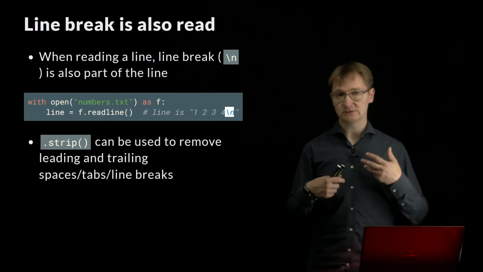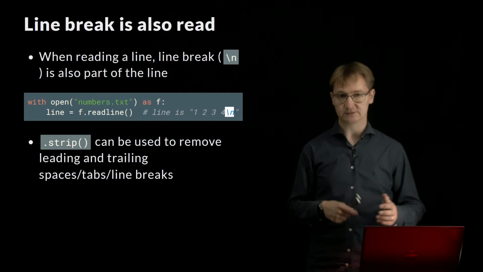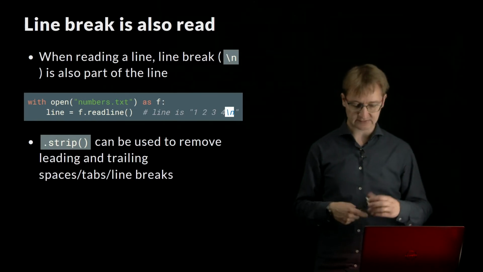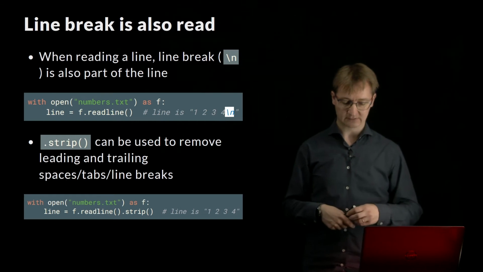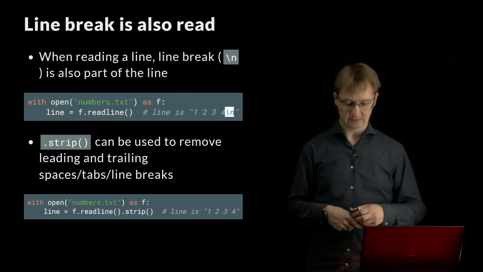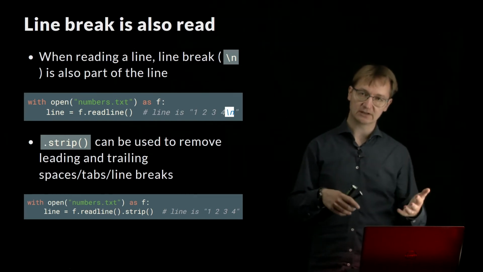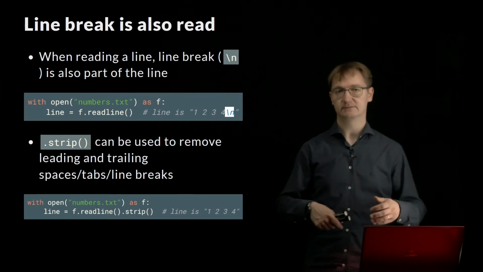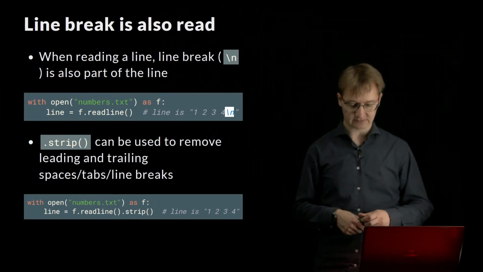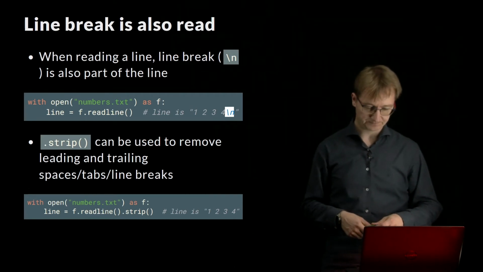If I really want to get rid of this, I can use, for example, the strip method, which removes leading and trailing spaces, tabs and line breaks. I can call strip on the readline result. So readline gives me a string, and a string has the strip method, and if I apply it, I get a new string where the line break is removed.